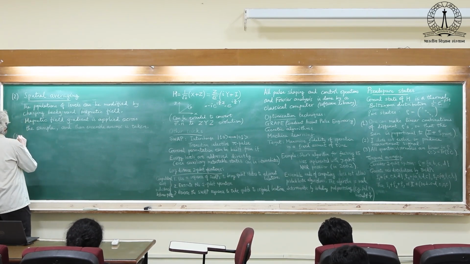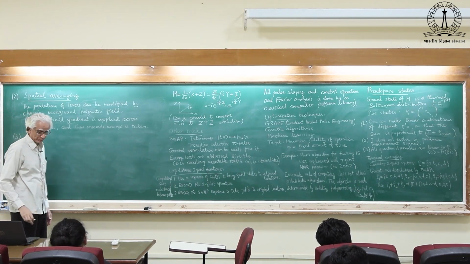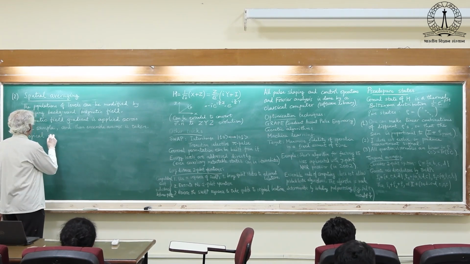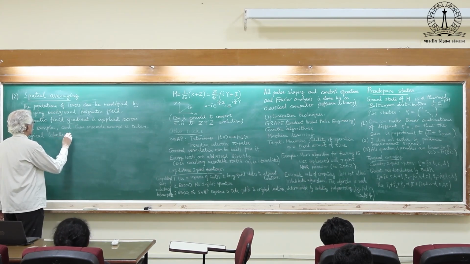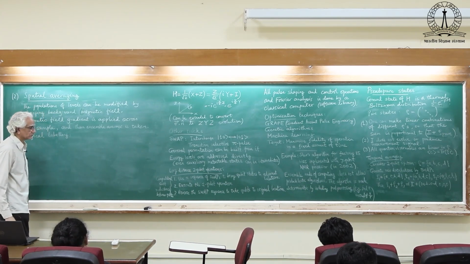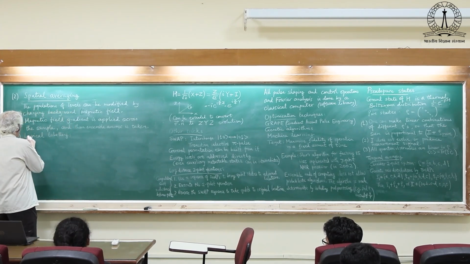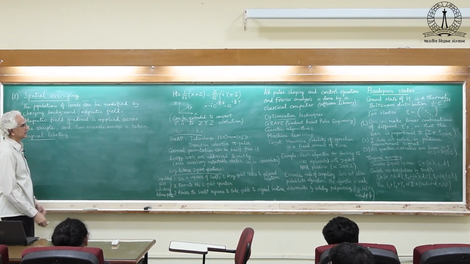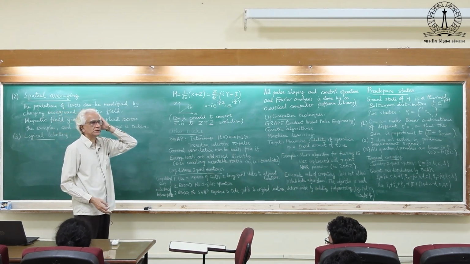And the third one, which is actually more interesting, is called logical labeling. The idea here is that, yes, you have this distribution in the Hilbert space.